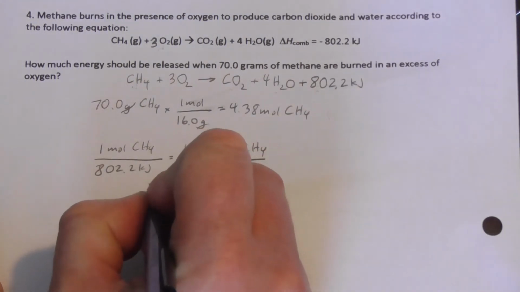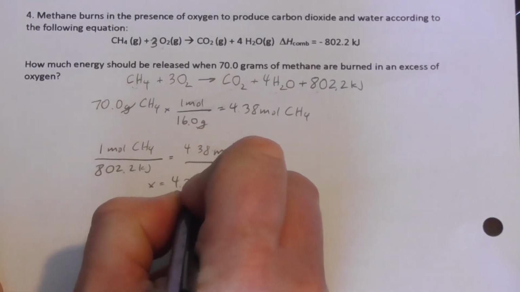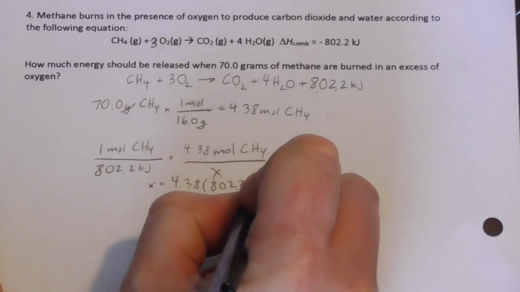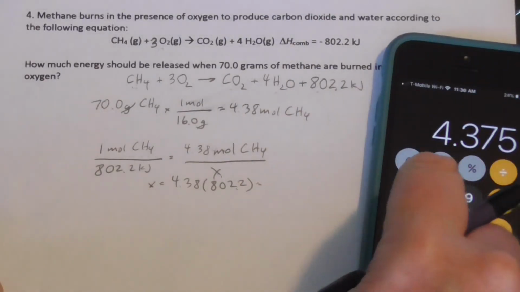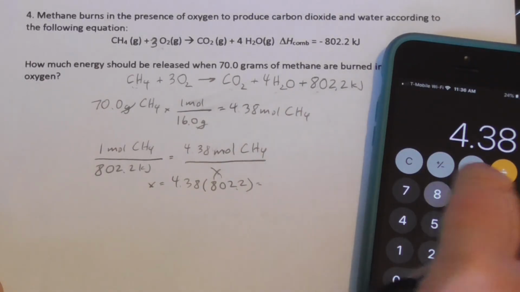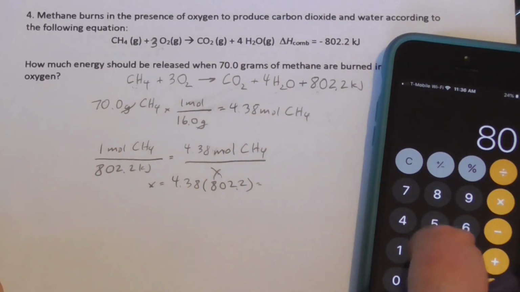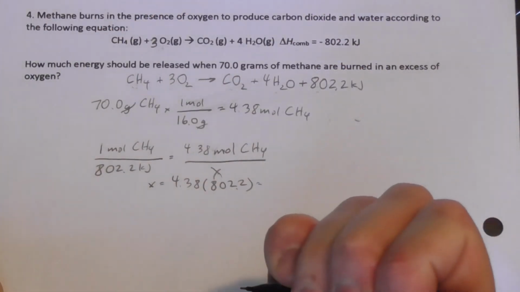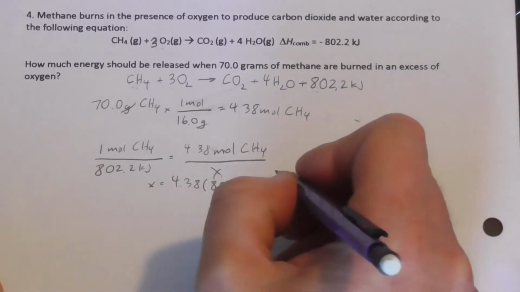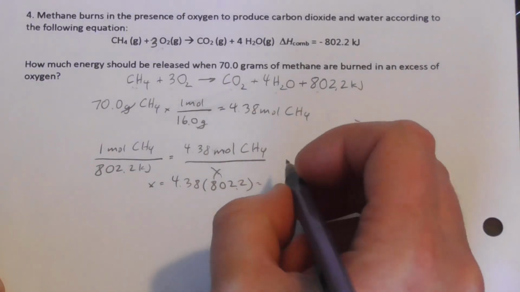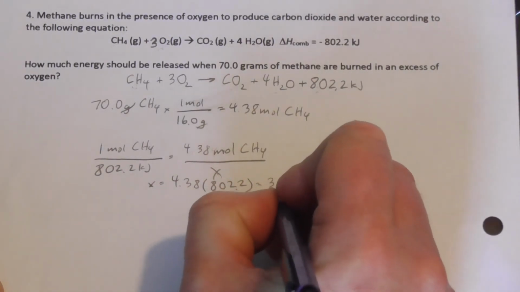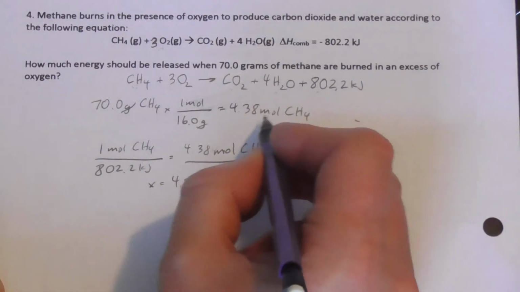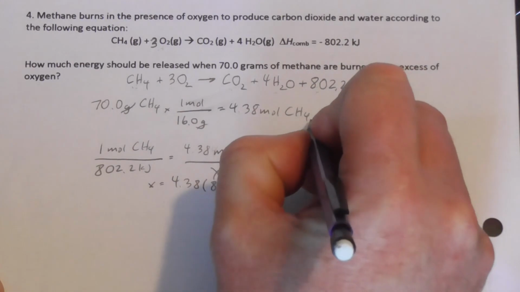So in that case, it would be X equals 4.38 times 802.2, which would equal 3,513, but keeping it to 3 sig figs would be 3,510 kilojoules.